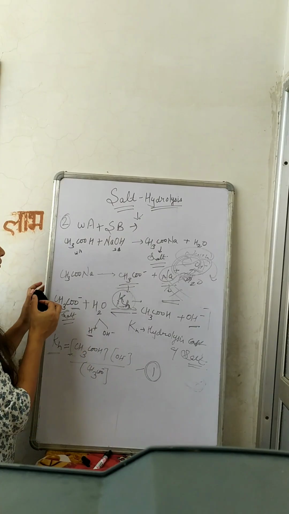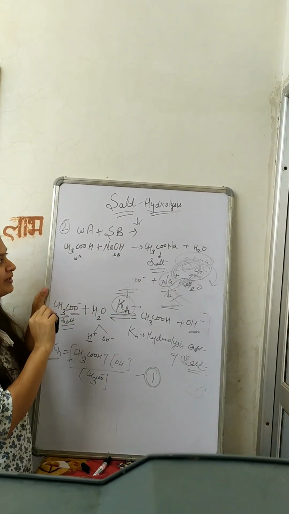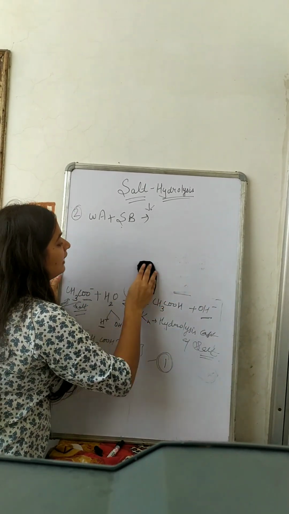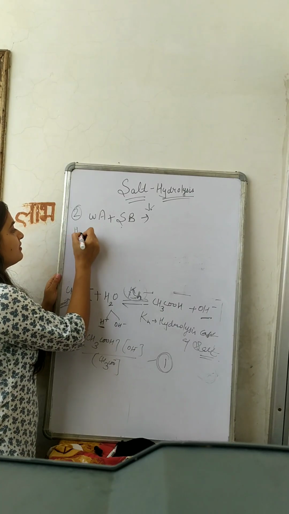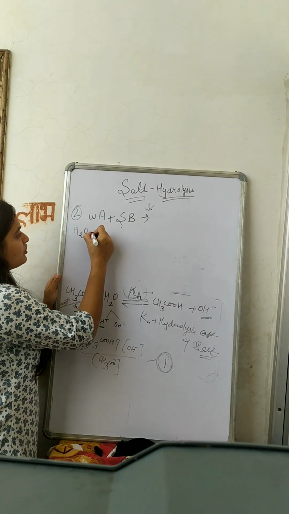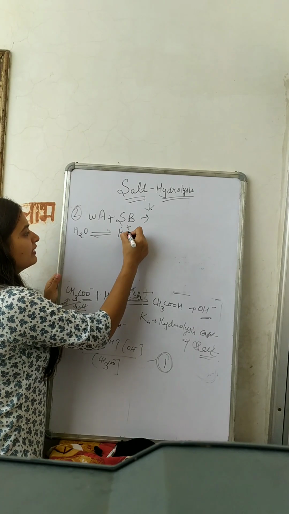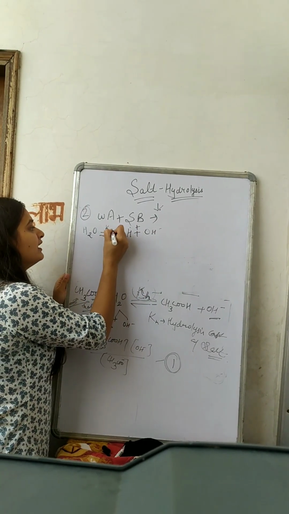Now there are two or three more reactions I have to mention. Another reaction is the hydrolysis of water, in which H2O releases H positive ions and OH negative ions.